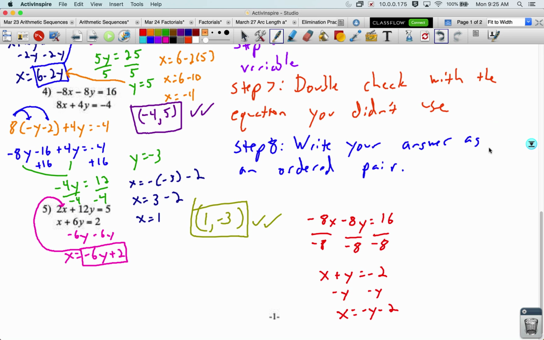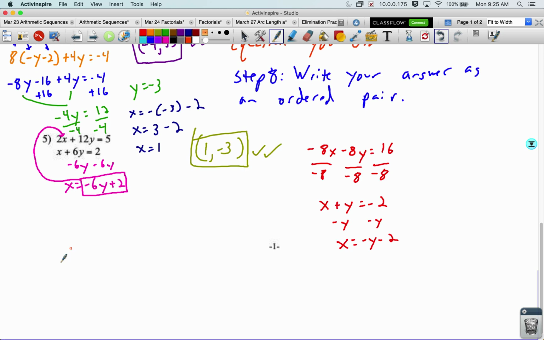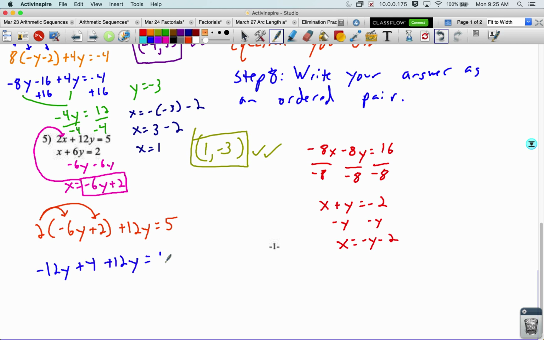And we get 2 times x, but that becomes 2 times, in parentheses, negative 6y plus 2, plus 12y equals 5. Distribute the 2 here. And we get negative 12y plus 4 plus 12y equals 5.